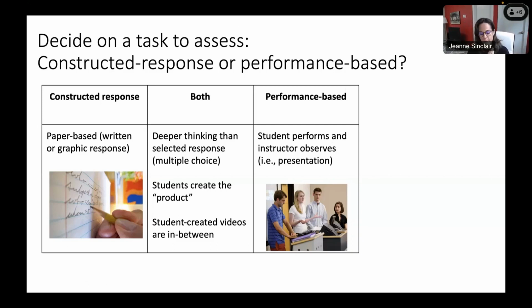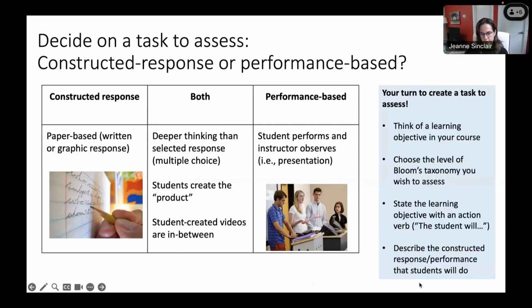When we think about Bloom's taxonomy, these are going to elicit thinking that is at a higher level than a multiple choice test. Both involve students creating a product, and so do student-created videos, which is one of my favorite types of assignments. These are in between the constructed response and the performance-based, because they are doing a performance and it's captured in real time, but it's also something that they turn in to you that you can assess at a later date.